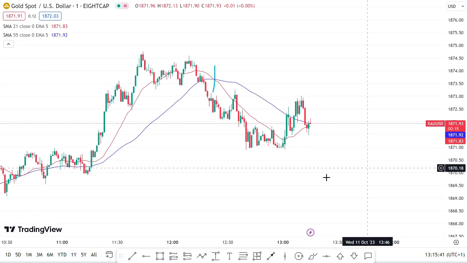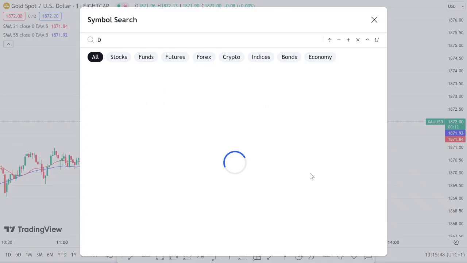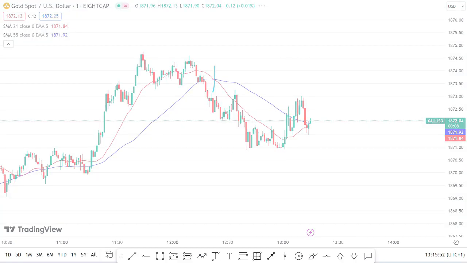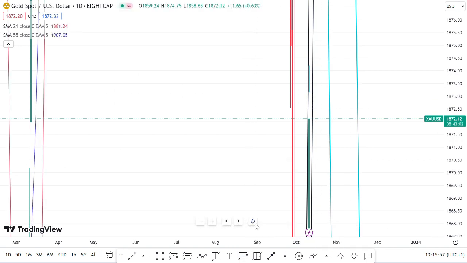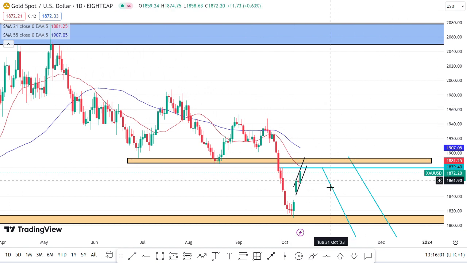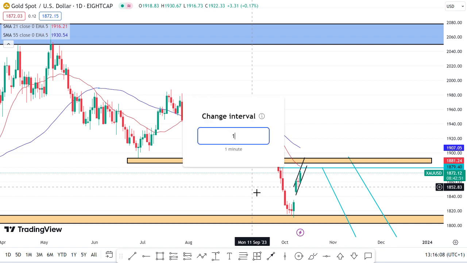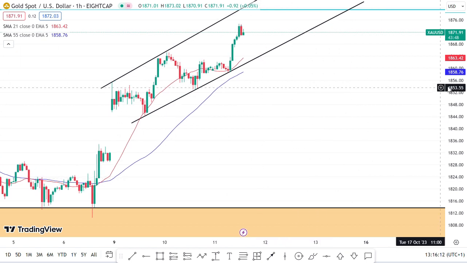So that's it, guys, and don't forget that overall we are looking for selling opportunities, because on the daily time frame, we are bearish with speed. We are still bearish with speed, and overall we are looking for selling opportunities. But we have narrowed it down to lower time frames to know where we are going to look for our entries.